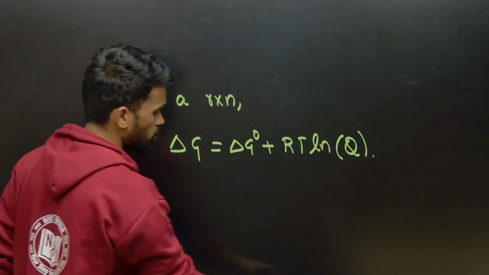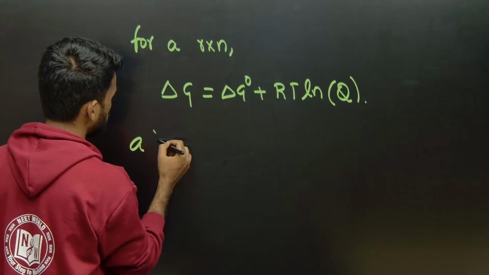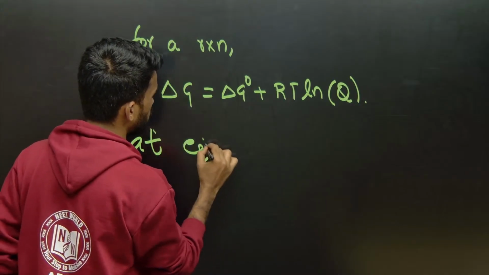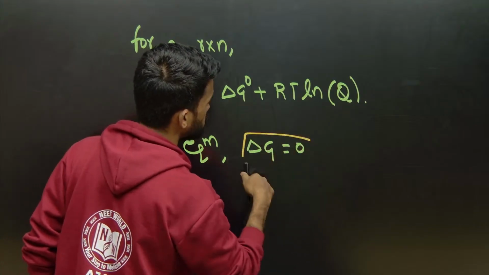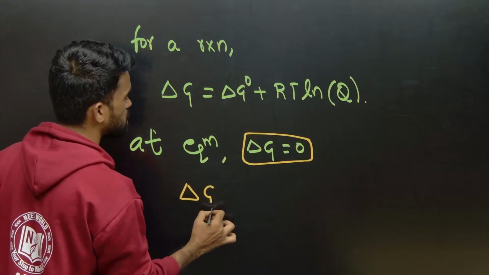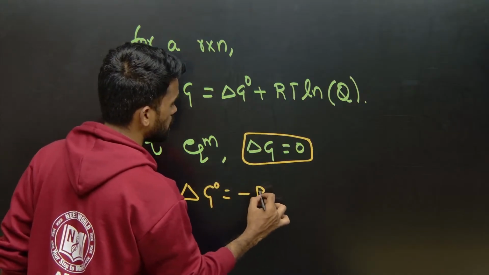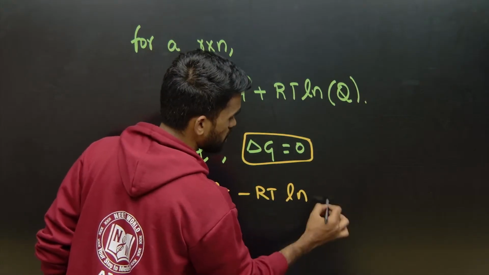At equilibrium, delta G will be 0. Then the standard Gibbs free energy delta G naught equals minus RT ln K, where in place of Q I am writing K.